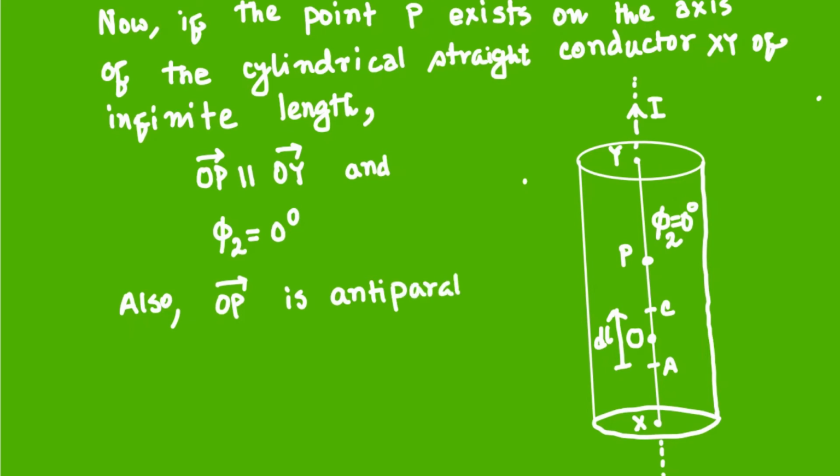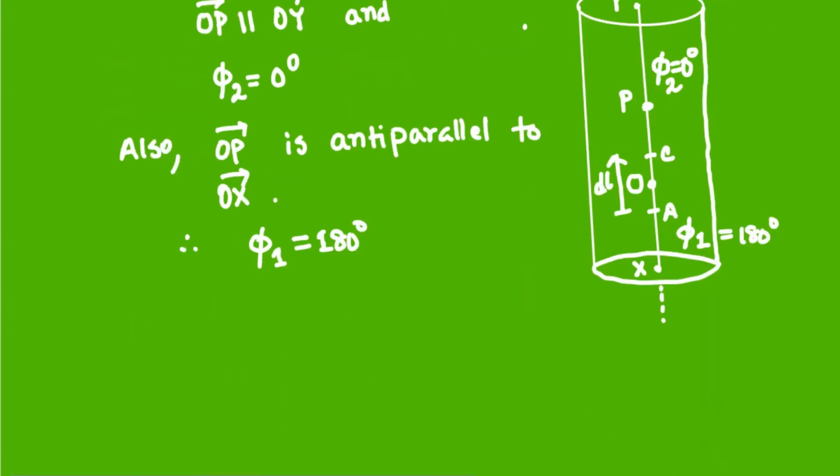And also vector OP is anti-parallel to the distance of the end X from the point O. That is, vector OP is anti-parallel to vector OX. Hence, the angle subtended by the end X, phi 1, is 180 degree.